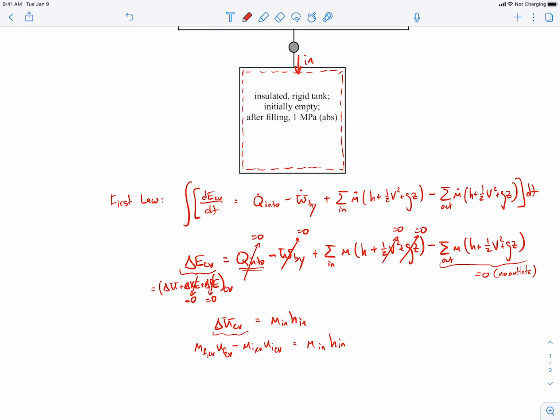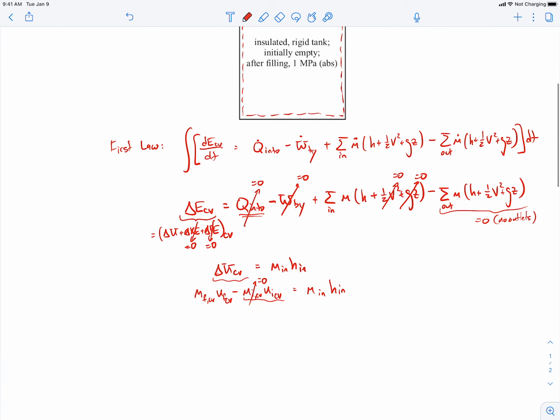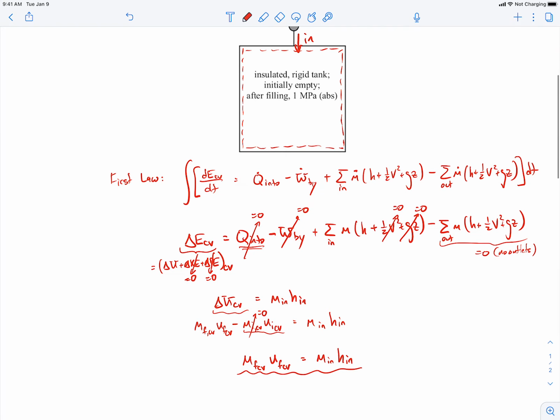Of course, the initial mass inside the control volume is 0, so that whole quantity is 0. Let me write it one last time: the final mass inside the control volume times the specific internal energy once it's filled is equal to the mass that's come in times the specific enthalpy that's come in.